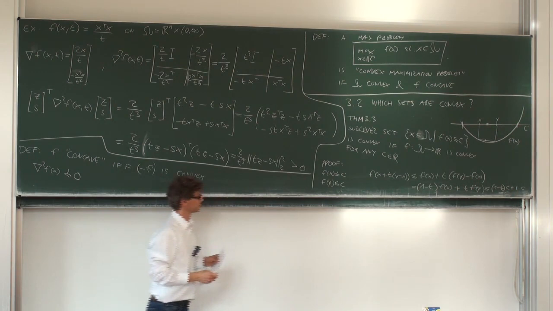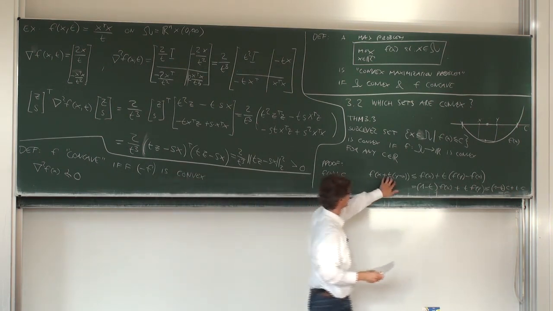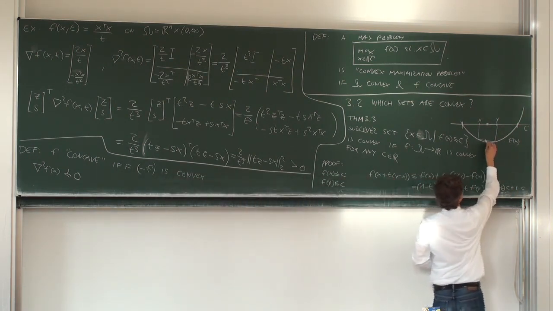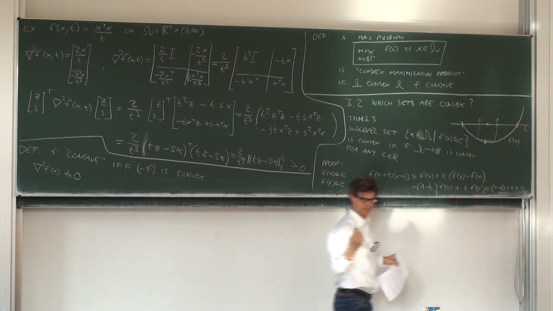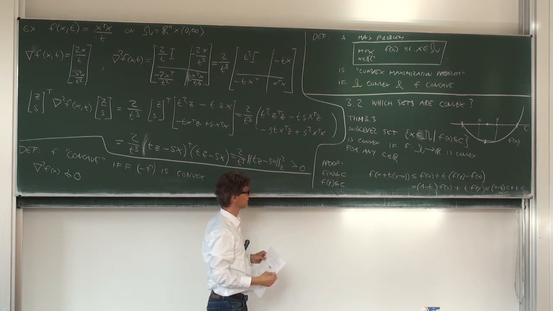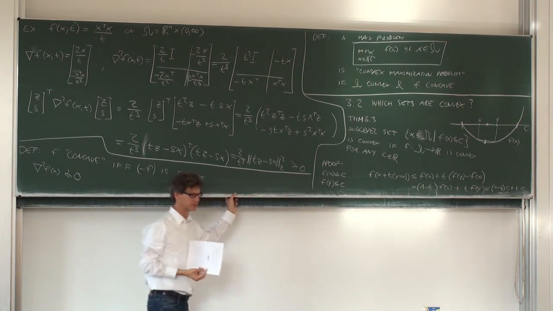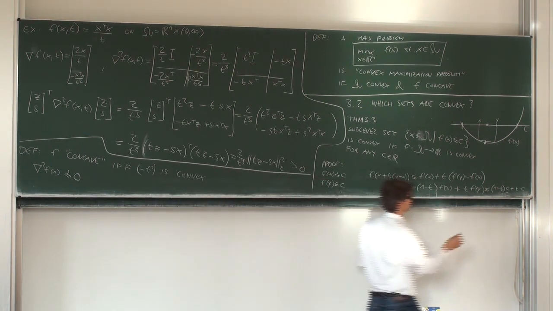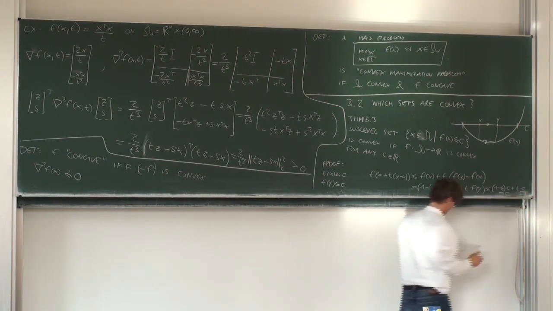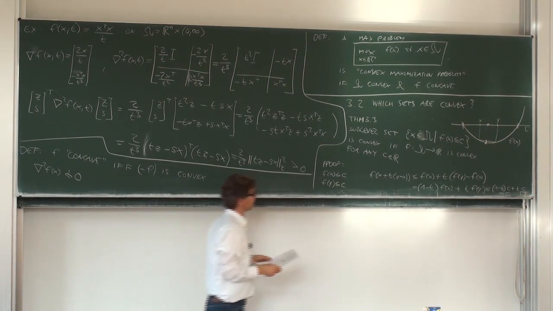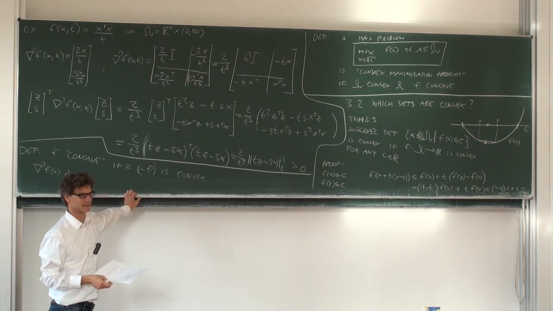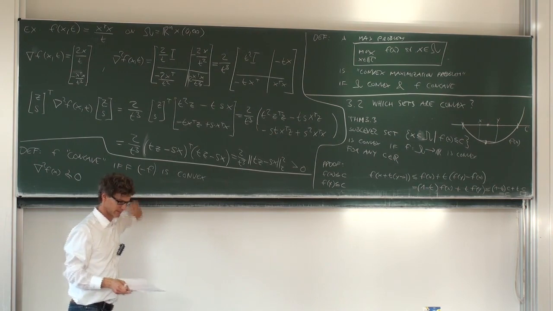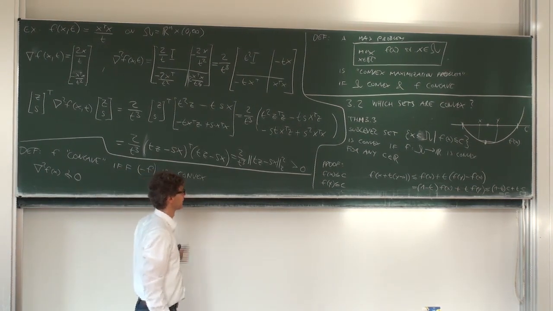So we know that the function value at this point will be smaller than the level c. We see it immediately on this graphic, but this is the proof. So we know that convex sets can be generated by sublevel sets, and it's enough to know that the function itself is convex.